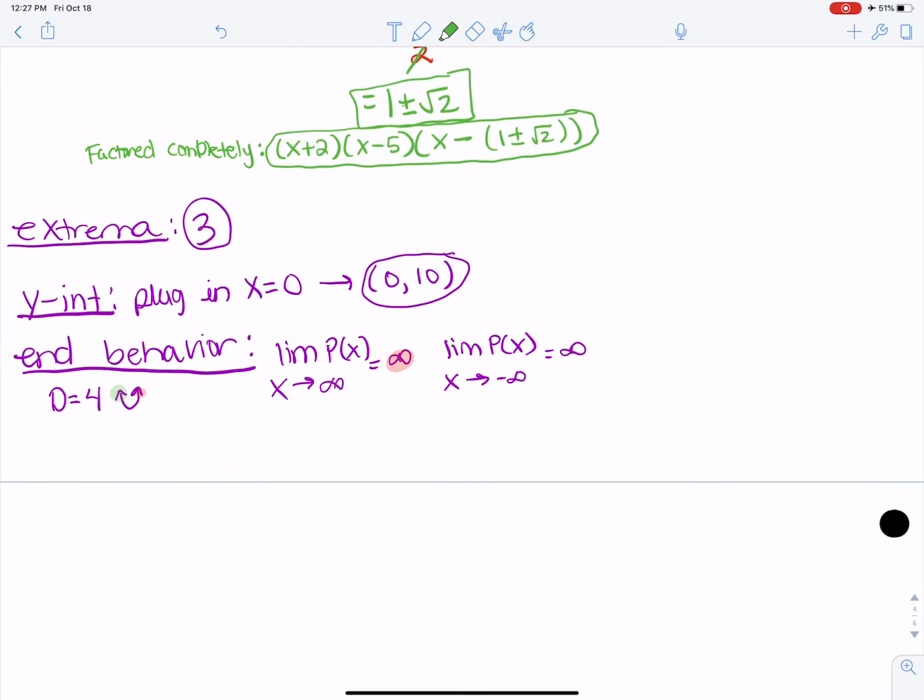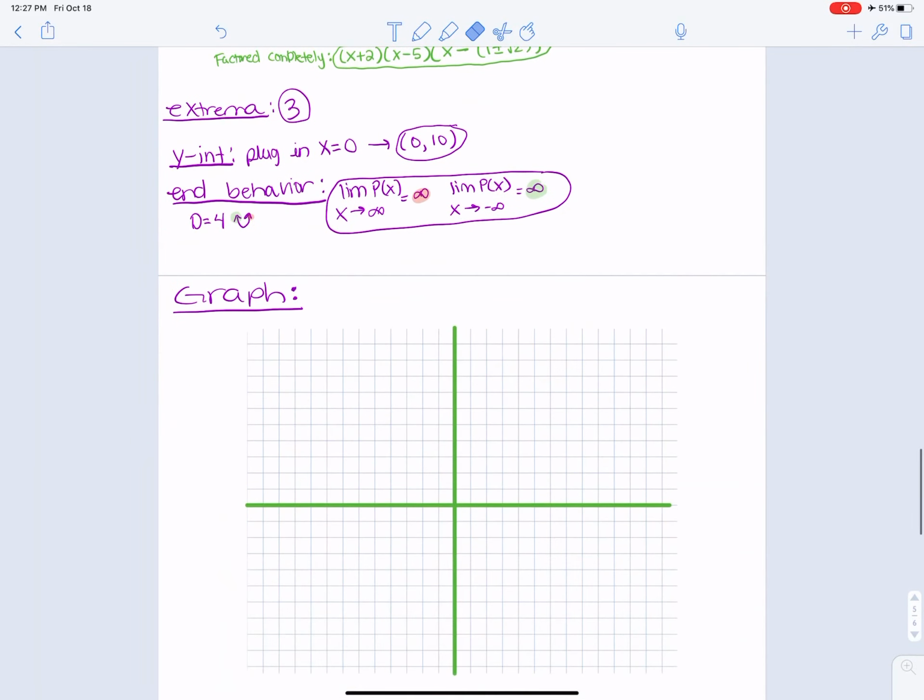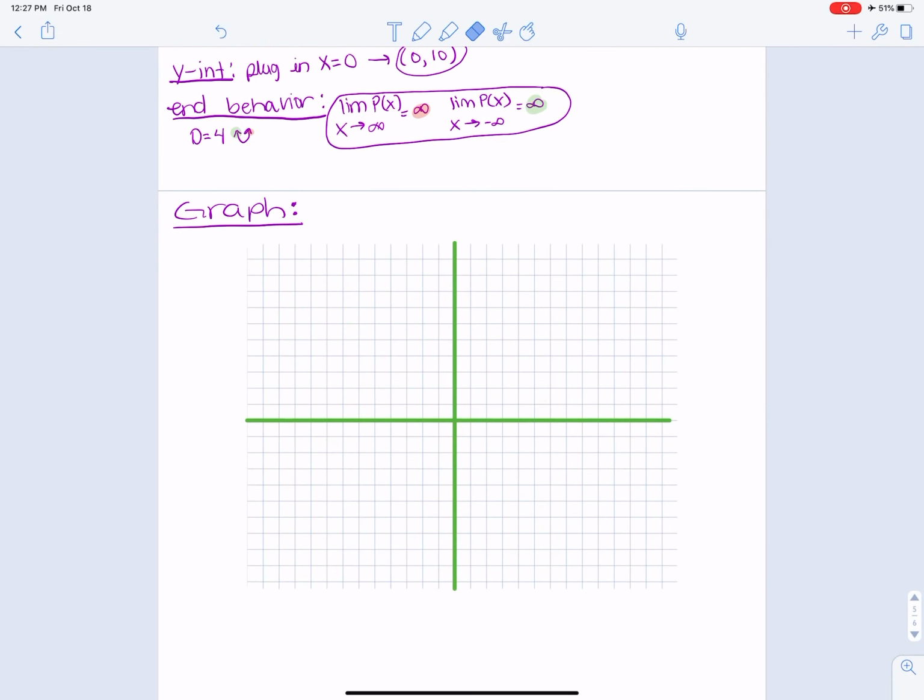And so now, last step, let's graph. And you are literally graphing the items you identified. X-intercepts -2 and 5. 1, 2, 3, 4, 5. And my y-intercept is (0, 10). So 1, 2, 3, 4, 5, 6, 7, 8, 9, 10. Okay.